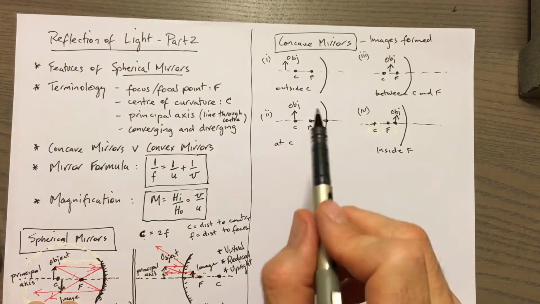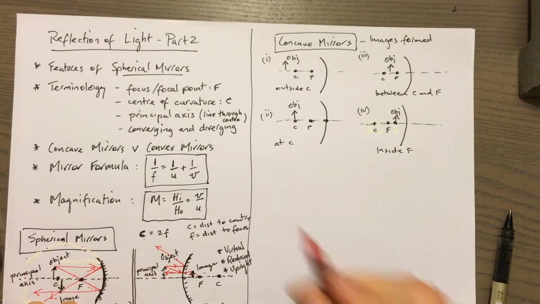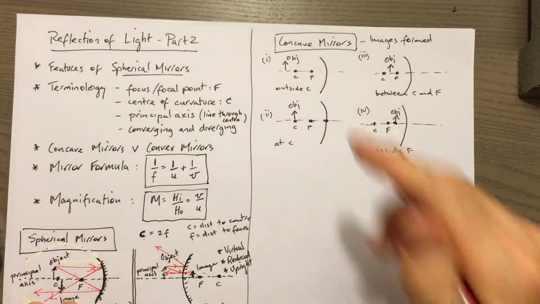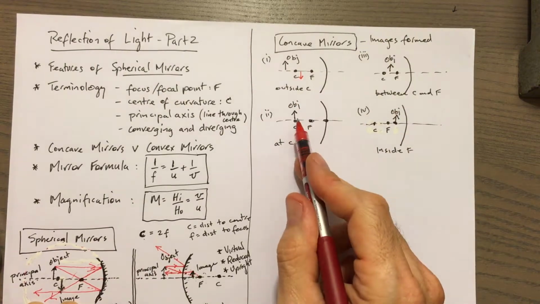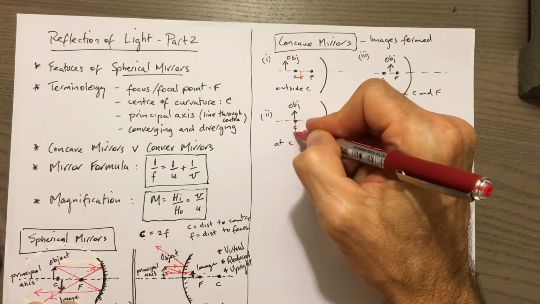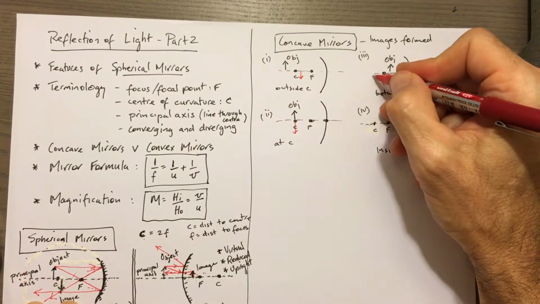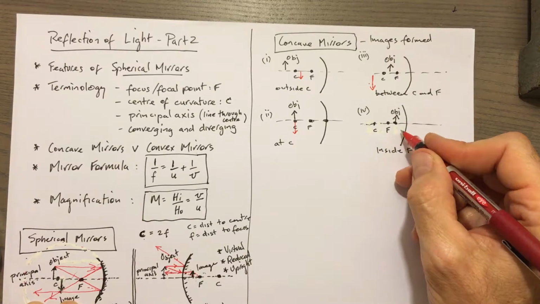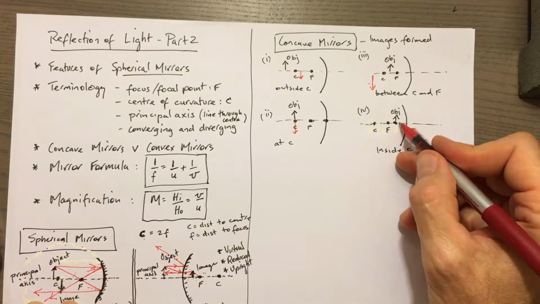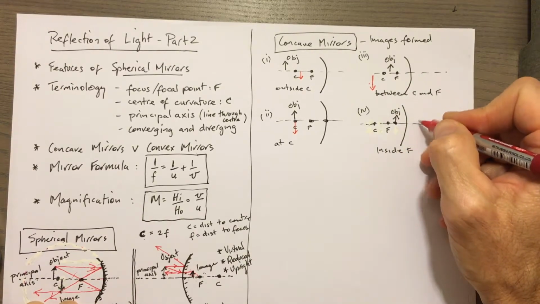So what we find is this object will have an image that is down here. This one here will have an image here, this one here will have an image here, and this one will have no image. This one has an image over here somewhere.